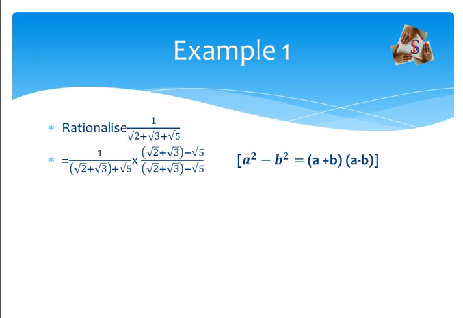Step 2, I will multiply and divide with its conjugate. So the conjugate, I consider root 2 plus root 3 plus root 5, will be root 2 plus root 3 minus root 5. So I've multiplied and divided with its conjugate.